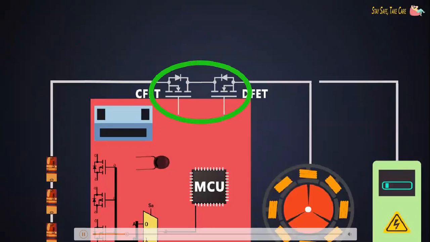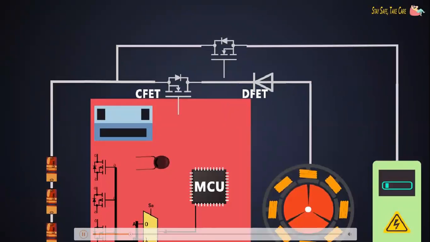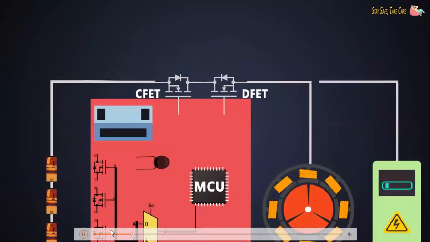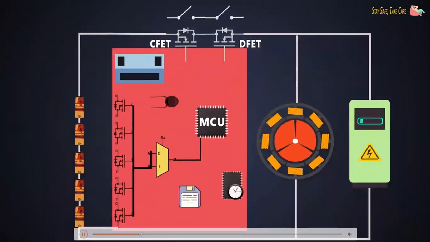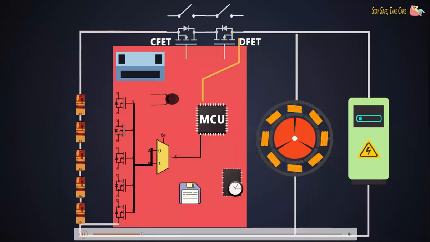When a charger is connected, with both FETs off, BMS senses the voltage as the input, then it turns on the CFET, which charges the battery.